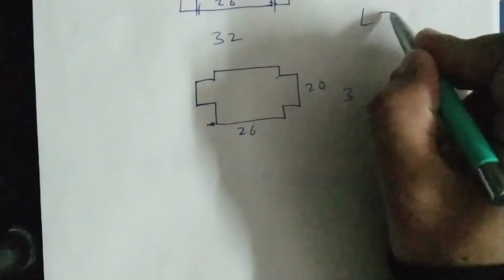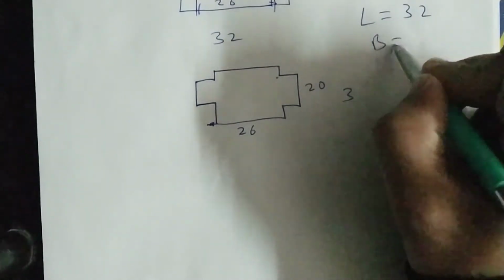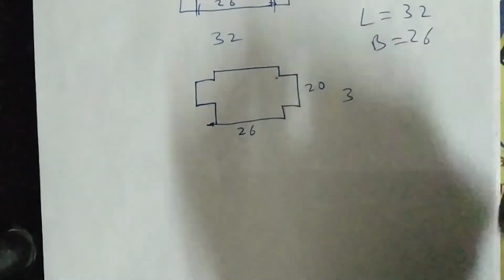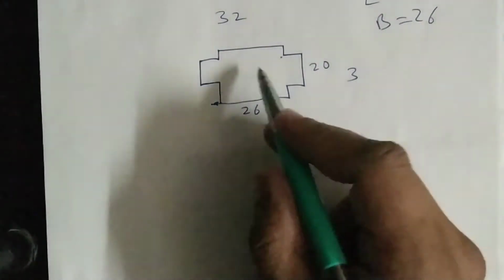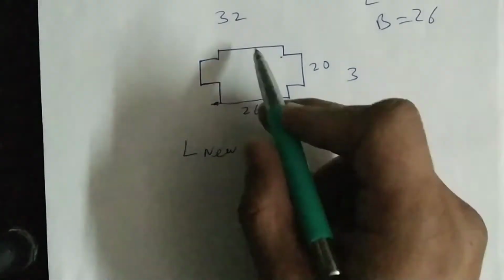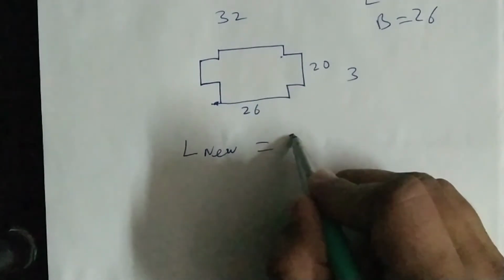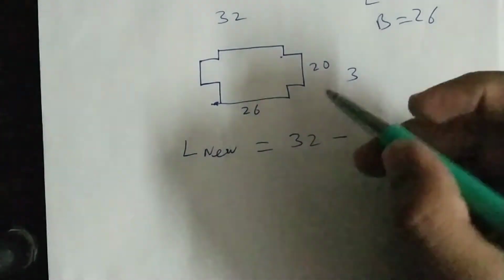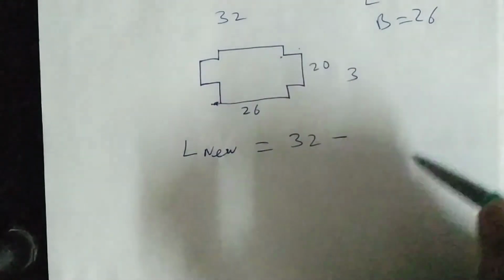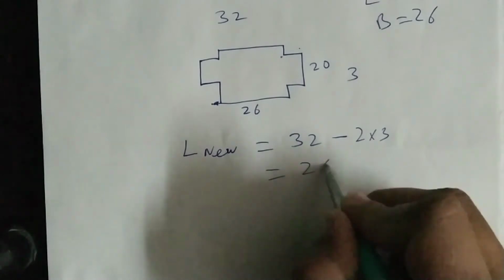So length originally was 32, breadth was 26. Now length new, that is internal length: from both sides 3 centimeter reduced, so 32 minus 2 into 3, which is equal to 26.